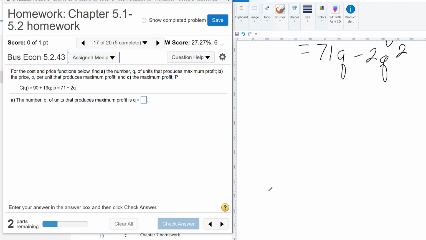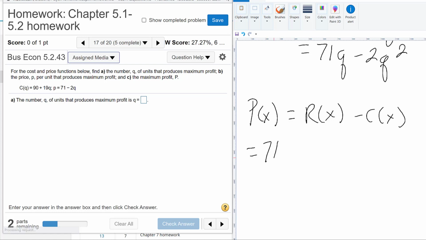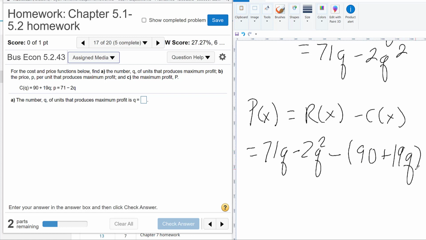So now we know that our profit is this revenue, R of X, minus C of X. So it's going to be 71Q minus 2Q squared minus, and be careful, here's where a lot of issues come in, the entire cost function. So in other words, I have to minus both of those terms. So it's going to be 71Q minus 2Q squared minus 90 minus 19Q.